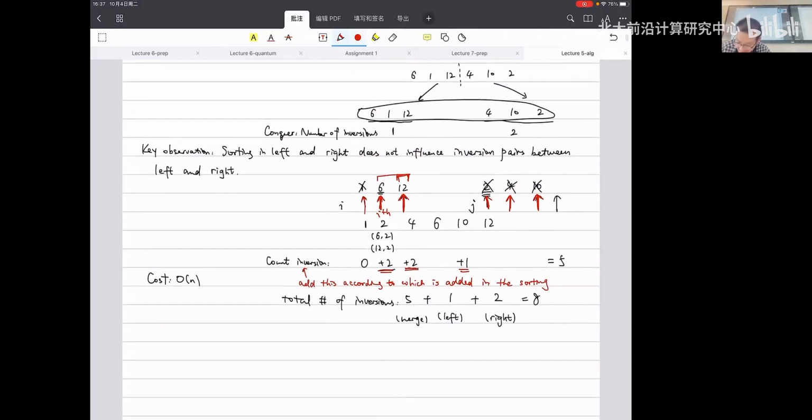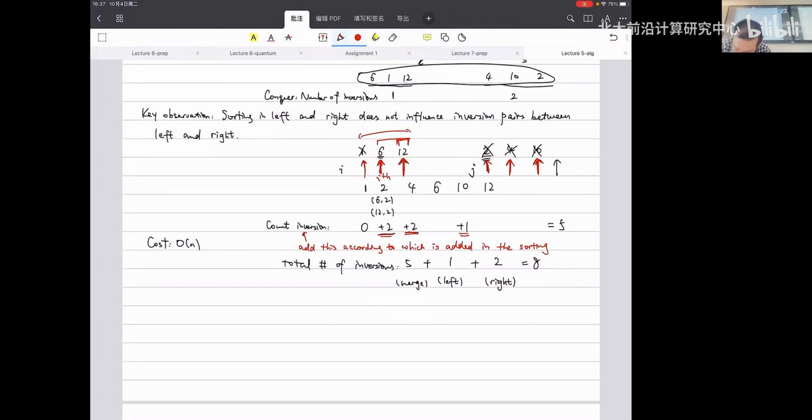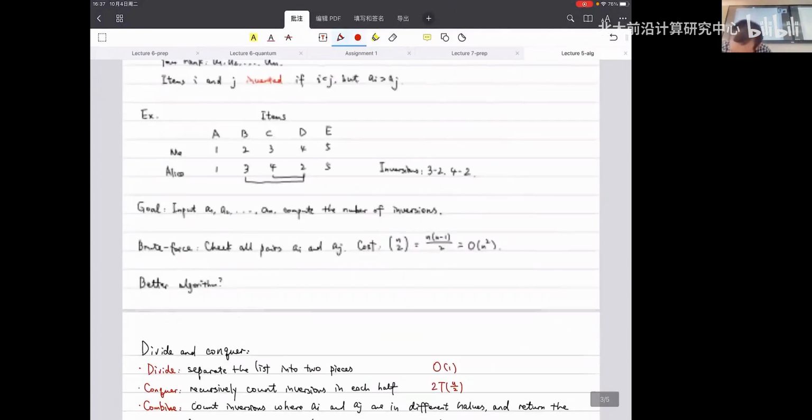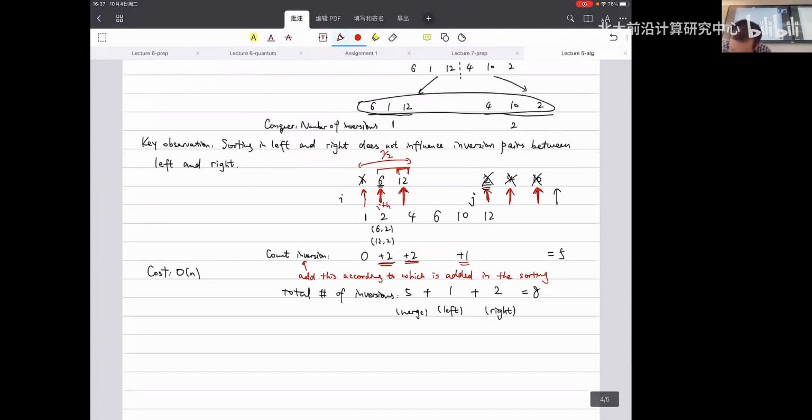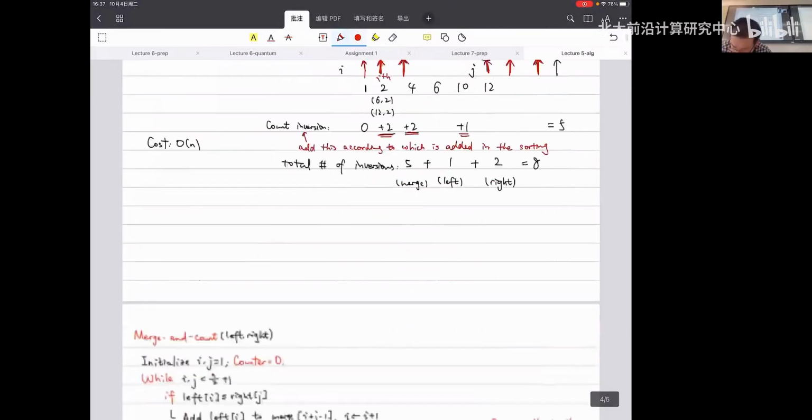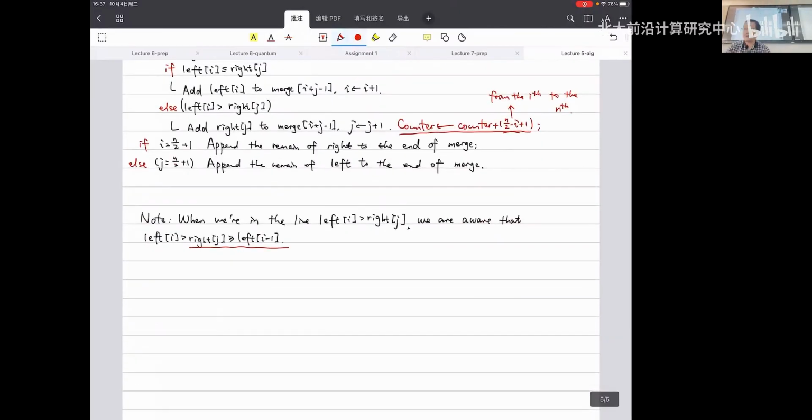The length here is n over 2, and the length here is also n over 2. So yes, it should be n over 2. Thanks for the correction. Let me mark this so that I don't teach it wrong next year.